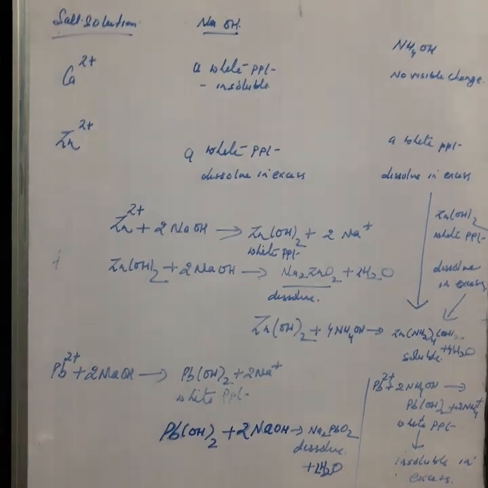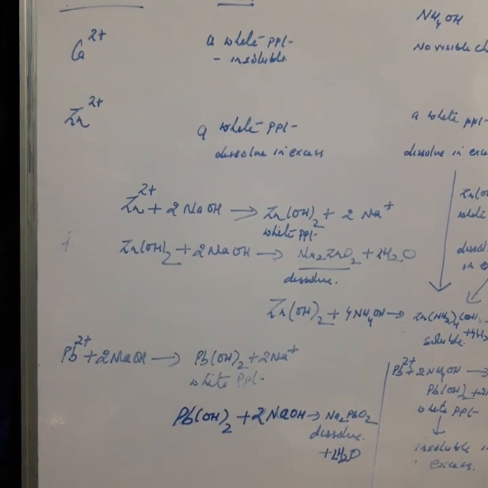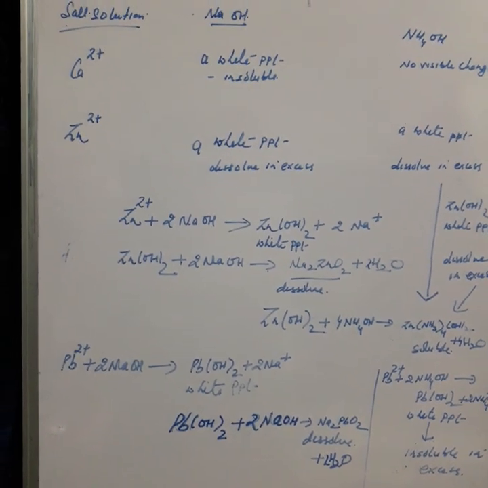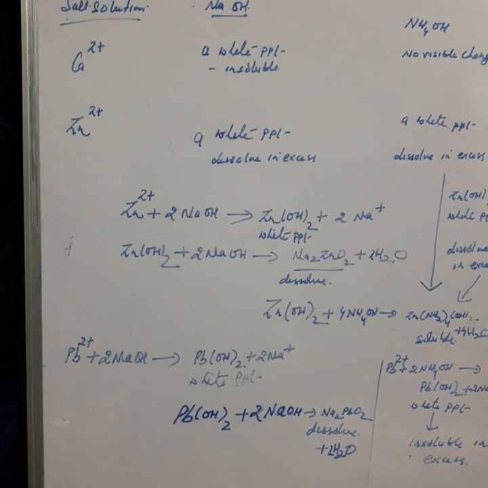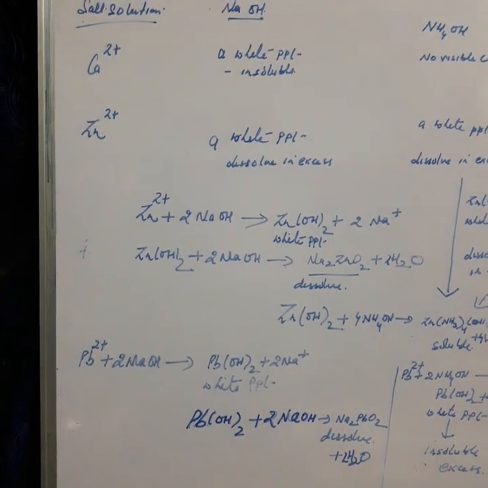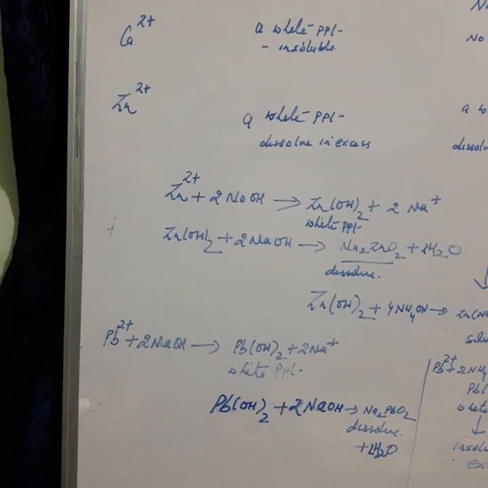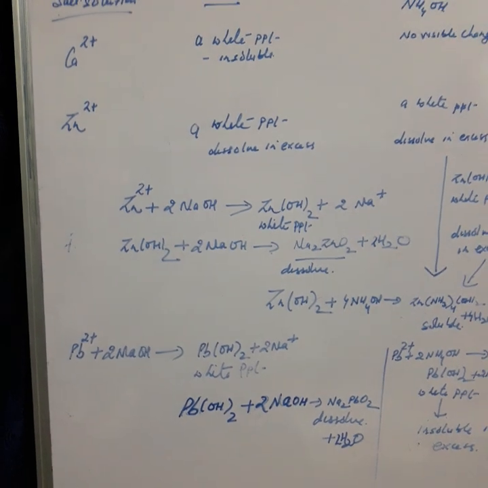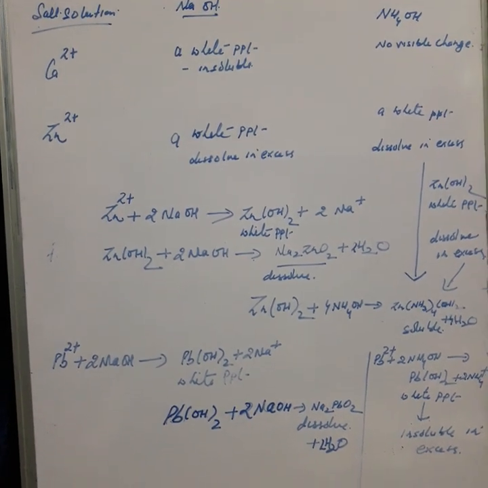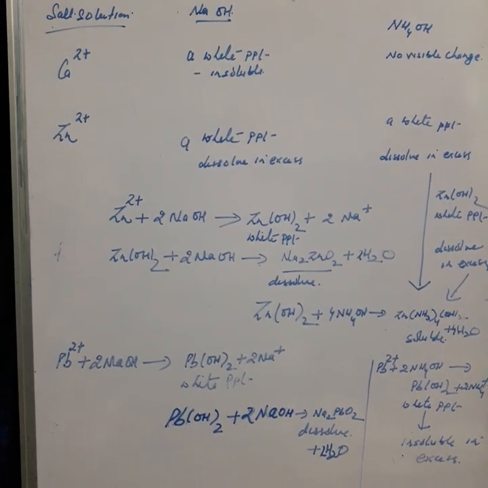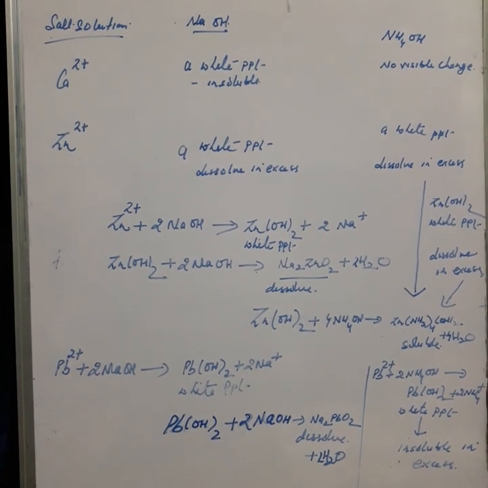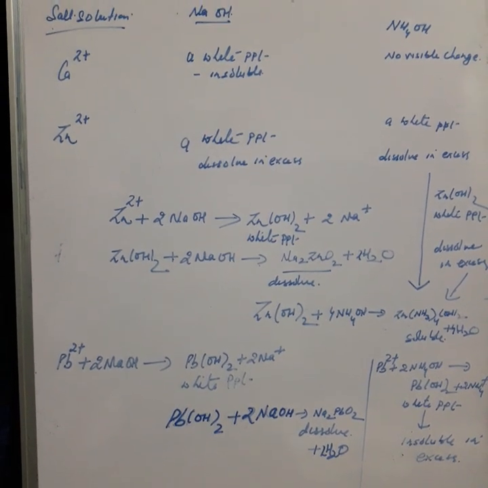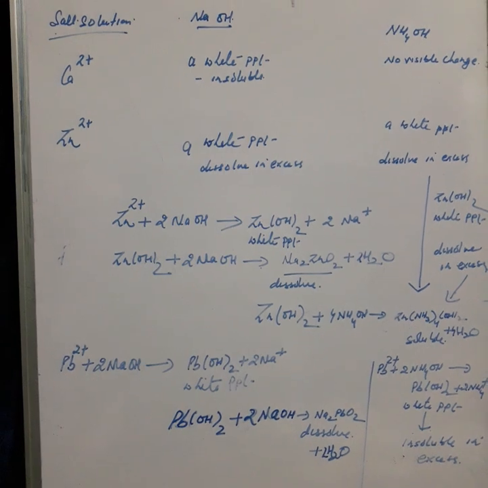Then second, zinc. We will take zinc salt, any zinc salt. It can be zinc sulfate, zinc chloride, zinc carbonate. So when we add sodium hydroxide to any zinc salt solution, we will see a white precipitate of zinc hydroxide is formed, which dissolves in excess.